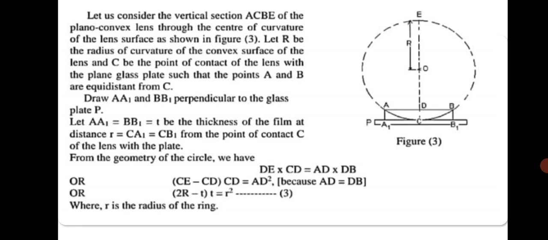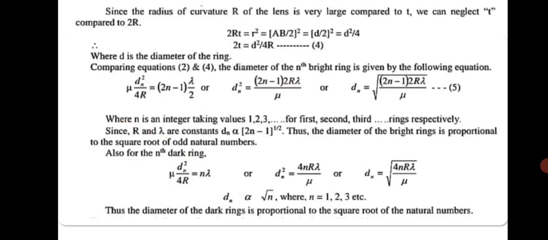From the geometry of the circle, we have DE x CD = AD x DB, or (CE - CD) x CD = AD square, because AD = DB, or (2R - t) x t = r square, where r is the radius of the ring.